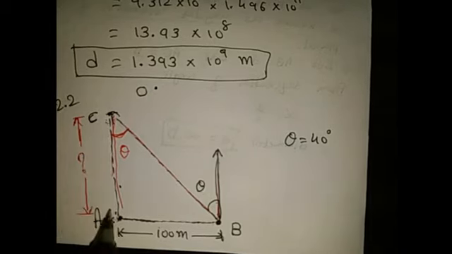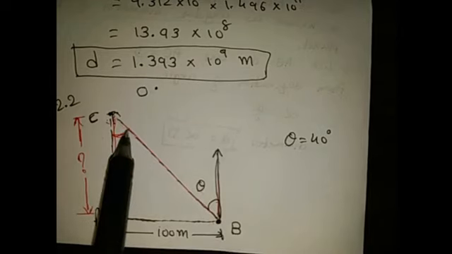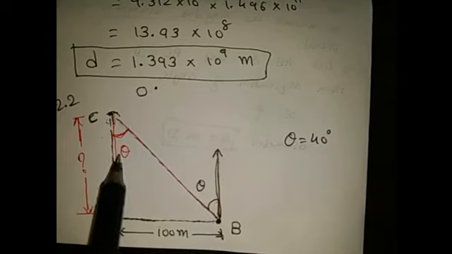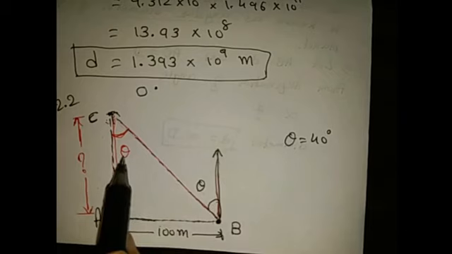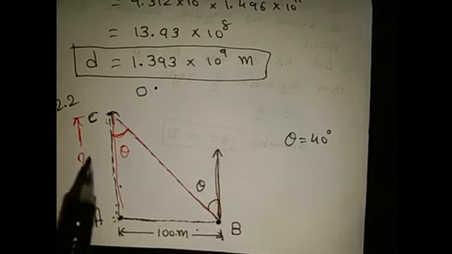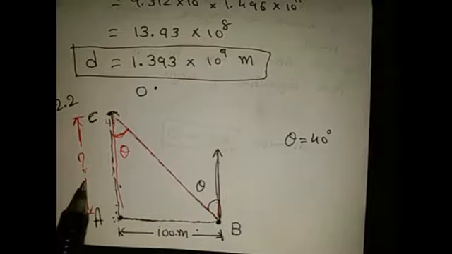Okay, so हमने क्या किया? पहले use geometry and find this angle. Okay, as they are alternate angle, this is also theta. ये theta है तो ये भी theta है. That means it should be 40 degree, right? Okay, ये 100 मीटर दिया हुआ है, opposite side दी हुई है, adjacent side find करनी है. So हम क्या करेंगे? tan theta is equal to opposite divided by adjacent.